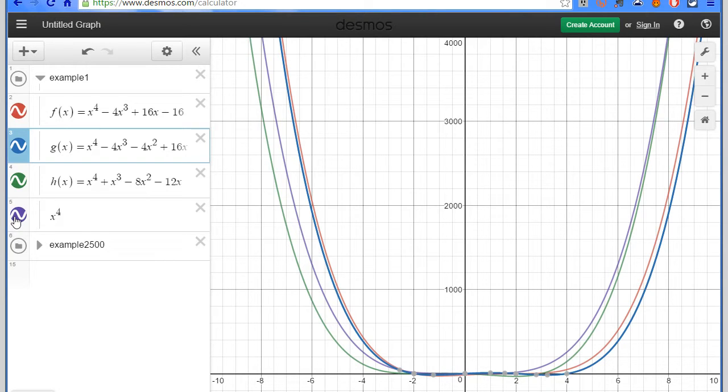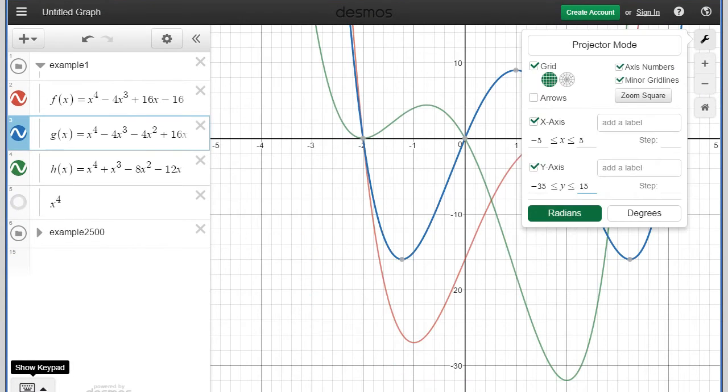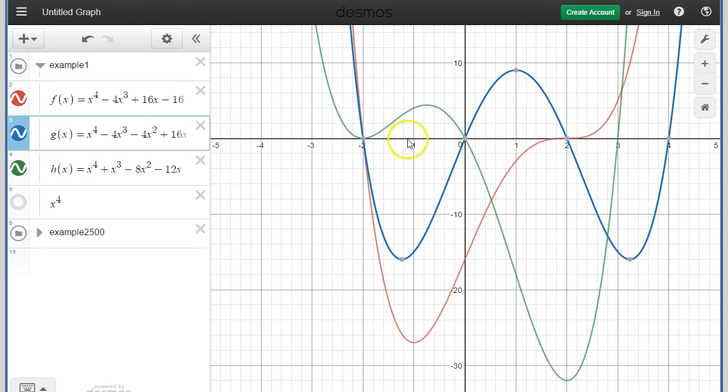But what happens when we change the window? They look very similar like they did for this zoomed out window. So now we change the window to an x-axis from -5 to 5 and a y-axis from -35 to 15. And as you can see, the graphs look totally different from one another.